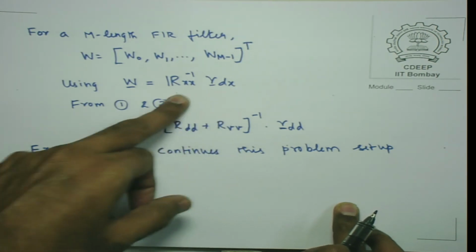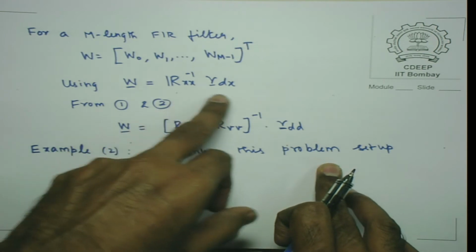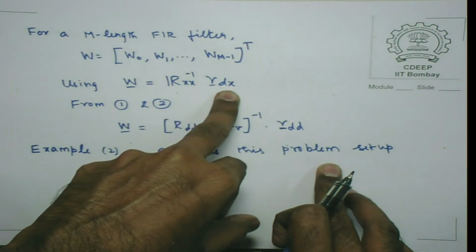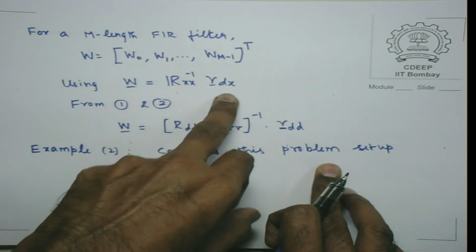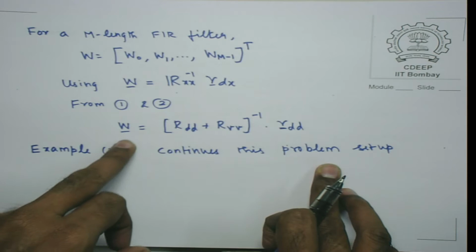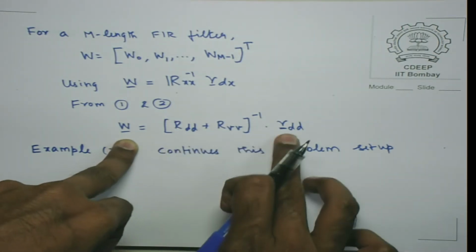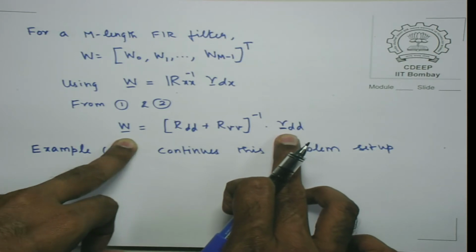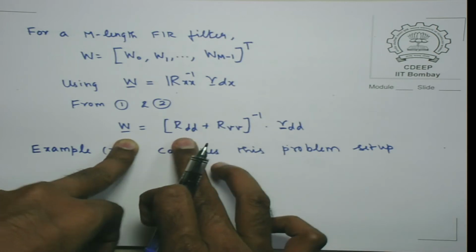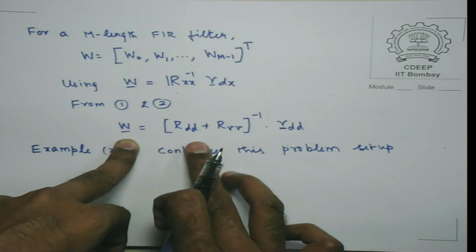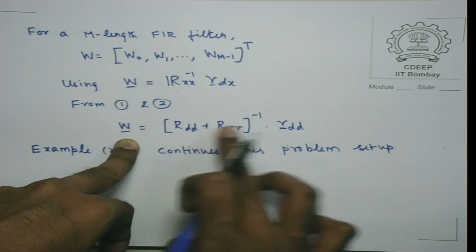R is a matrix which we could form from the RXX equation we had, and then accordingly RDX is also a vector for all this m coefficient length, and then this is just essentially finding this inverse, then multiplying with this RDX, right? So this kind of just illustrates that for a simple filtering problem where the signal is corrupted by noise, how do we go about obtaining this filter, right?